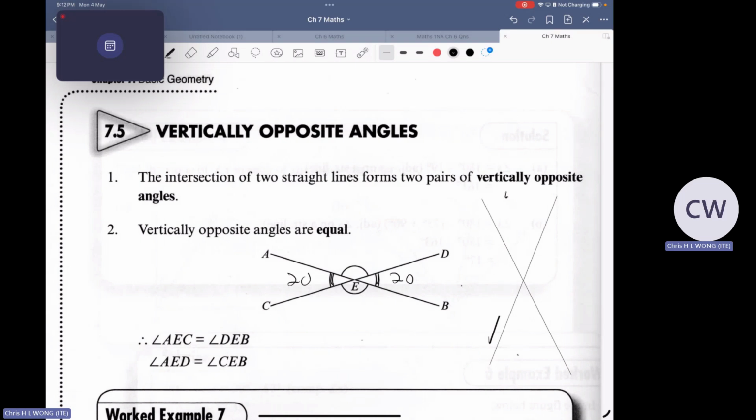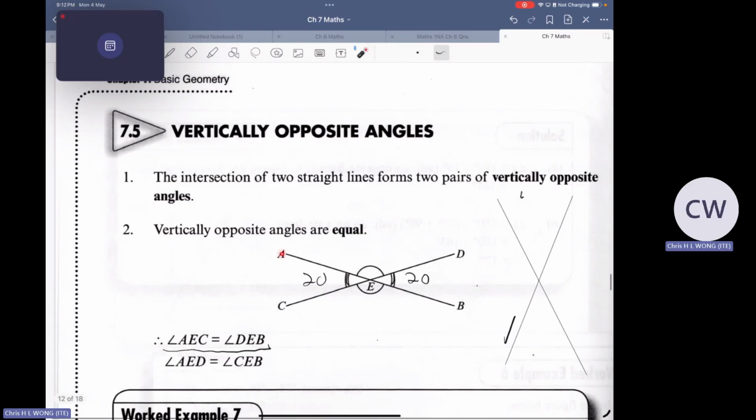If I put angle AEC, where is AEC? In the exam you have to find out where AEC is. AEC is equal to DEB, right? What is the reason? Because they are vertically opposite angles. If you tell me they are equal, you must write down the reason: the moment the two lines are straight, they are equal.